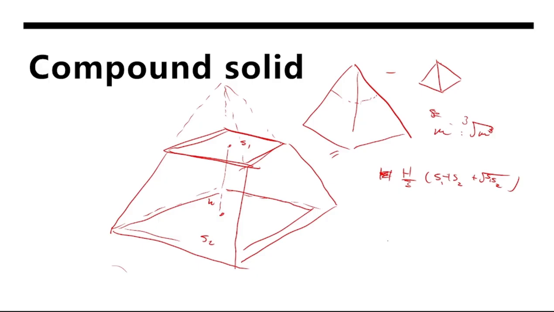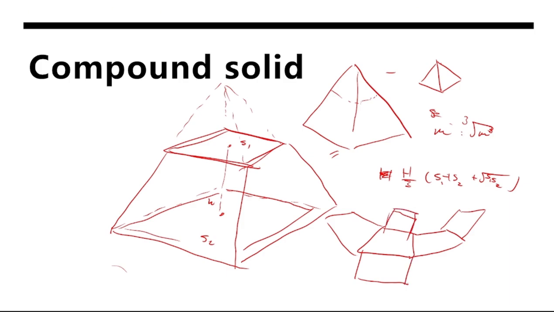And its net looks like 4 trapeziums connected with a square or rectangle on the top and on the bottom. So the surface area will be just trapezium, trapezium, trapezium, trapezium, rectangle, and rectangle.